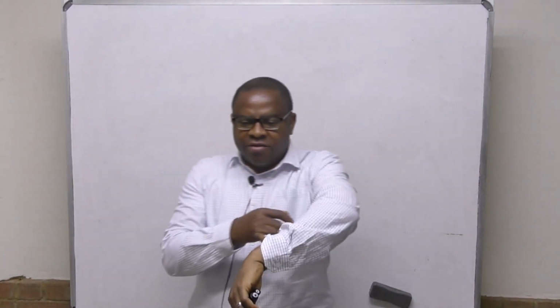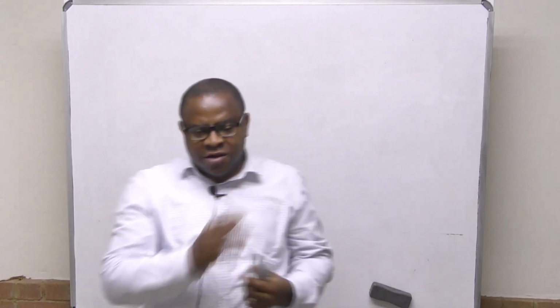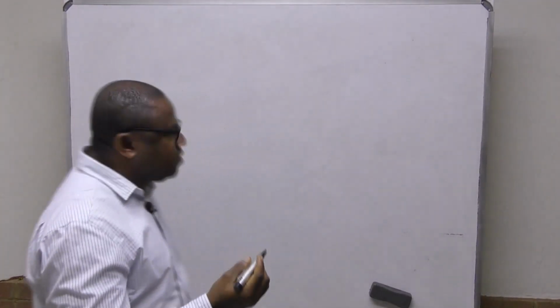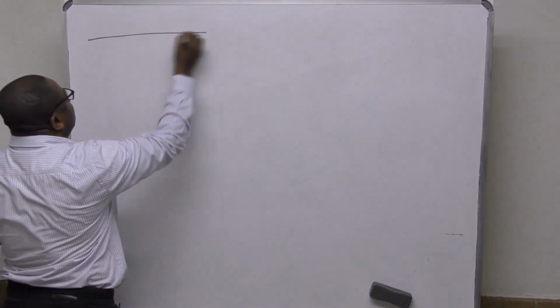All right. Did you get that question? What time is it now? Check your time. All right. Now what we do is let's just sketch that table first before we continue.